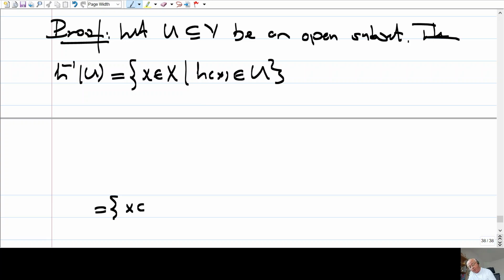So I can write it this way: f of x is in U if x is in A.